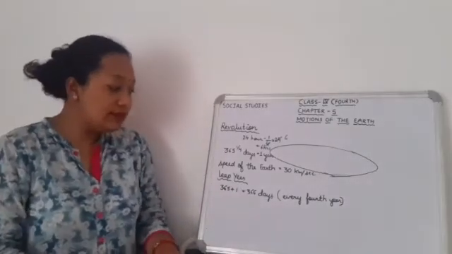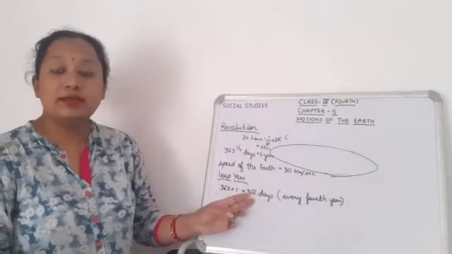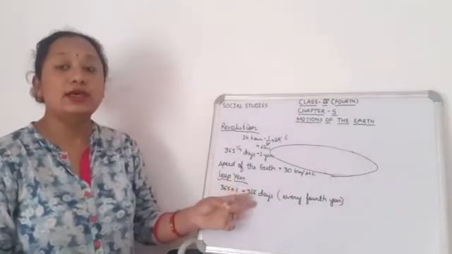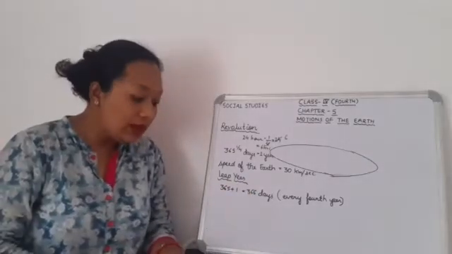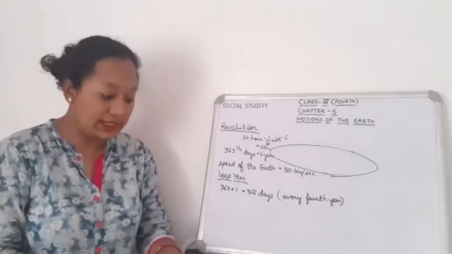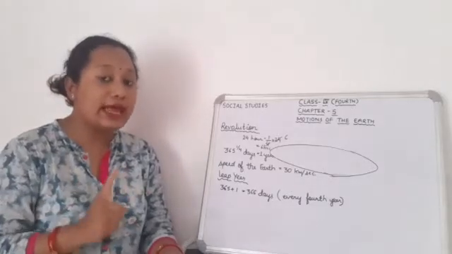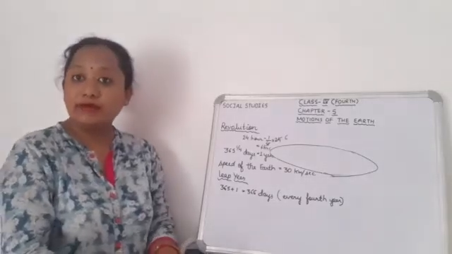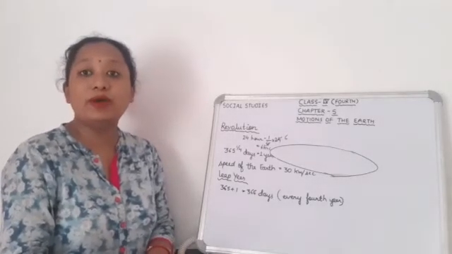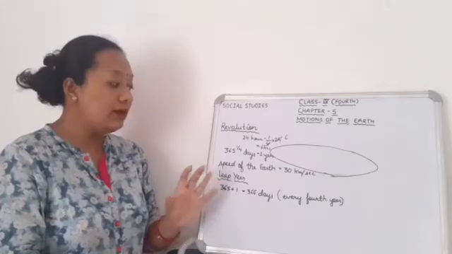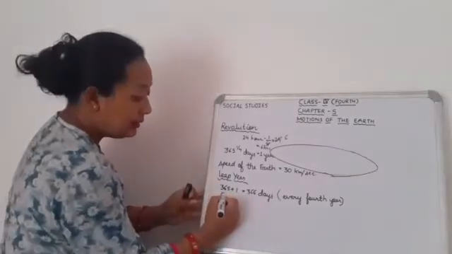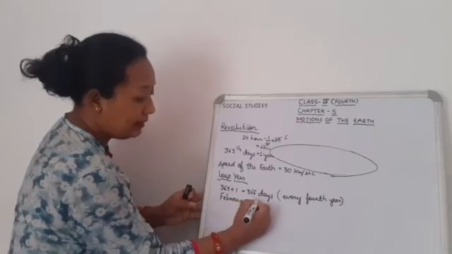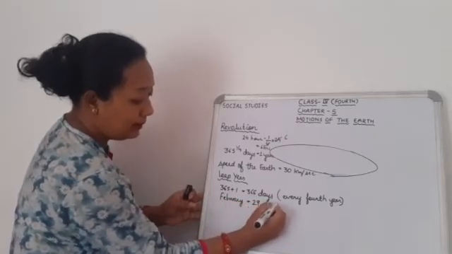The year having 366 days is called a leap year. One more day is added to the month of February. Otherwise we have 28 days in February, but in a leap year February has 29 days.